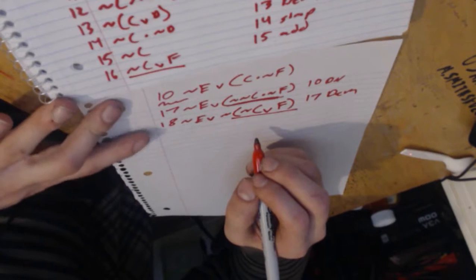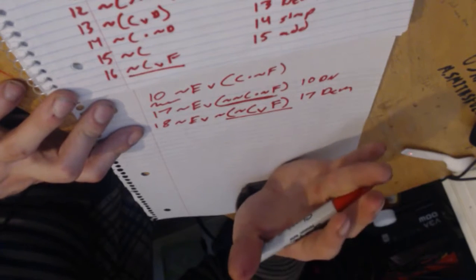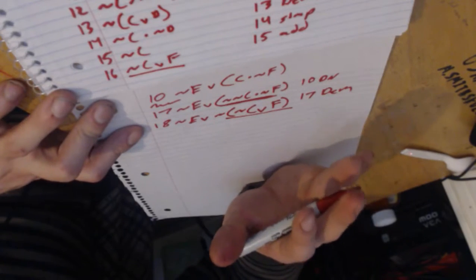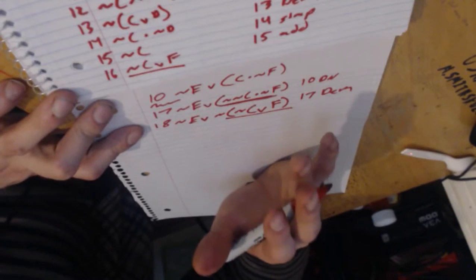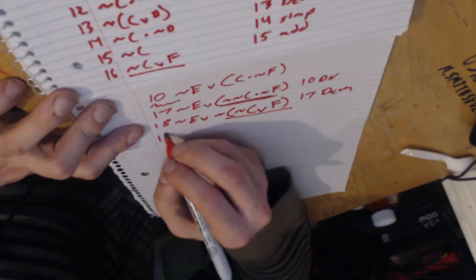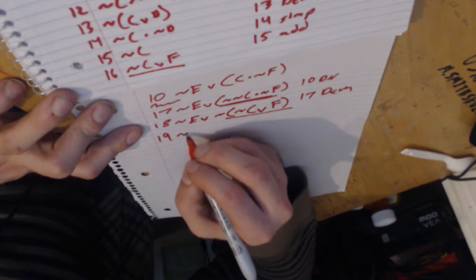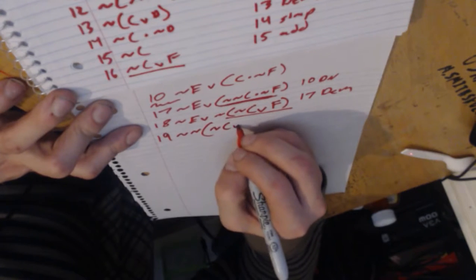So this is why all those negations and the double negation shortcuts are cool and a time saver sometimes, because then you can take line 16. So for line 19, we're going to double negate that whole thing.